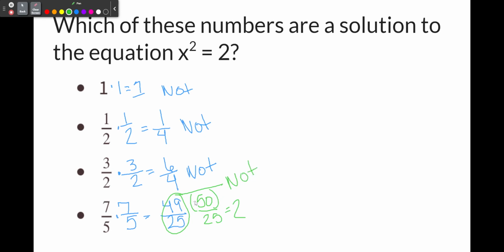So it's close, but it's not exact. So that doesn't really work out. So which of these numbers are a solution to the equation x squared is equal to 2? None. None of these are actually a solution. Sad.